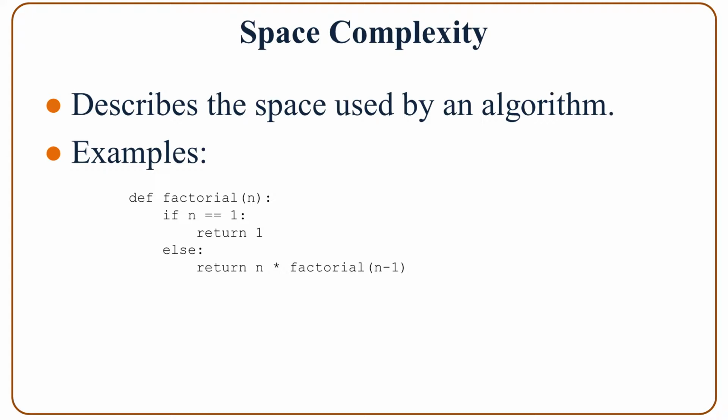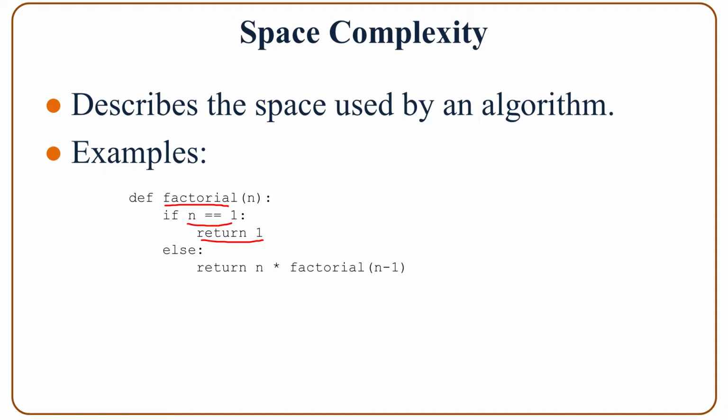Now let's talk about space complexity. Space complexity describes the space used by an algorithm. Let's look at this example. We have a function, namely factorial, that is used to compute the factorial of n. If n is equal to 1, then return 1.